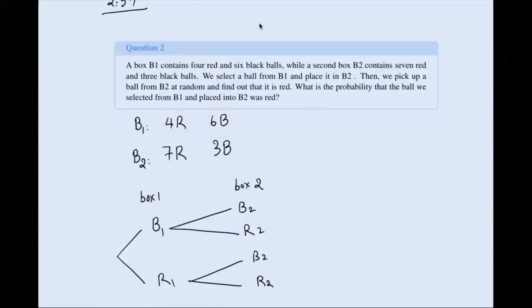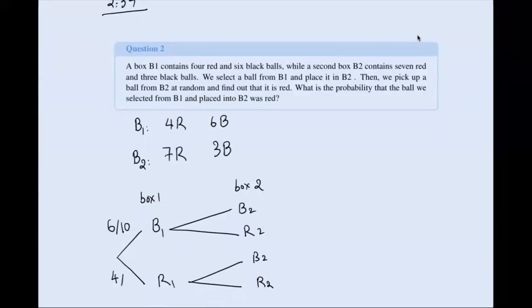Then the chance that I got a black one, let's see. Yep, I see a student answer. It looks correct. So 6/10 for black, because you have 6 black balls originally, and you have 10 balls in total. You have 4 red, so the probability of picking a red ball would be 4/10.